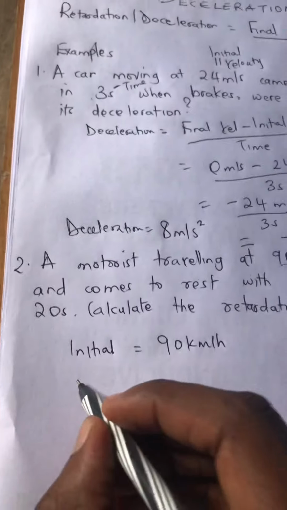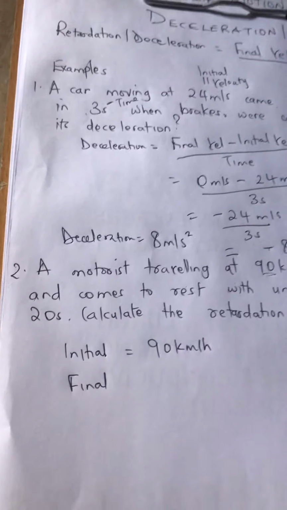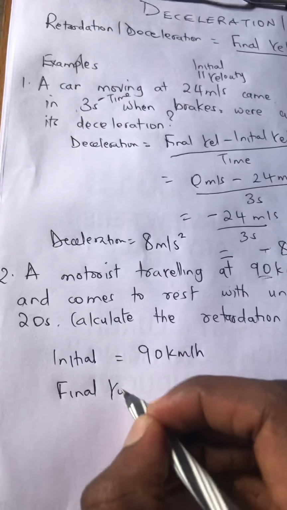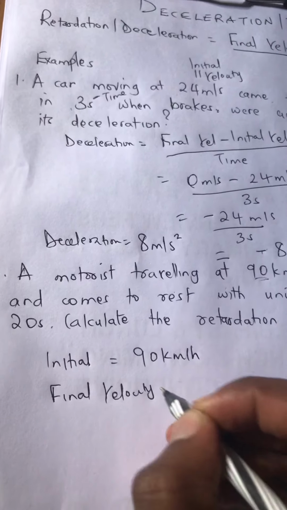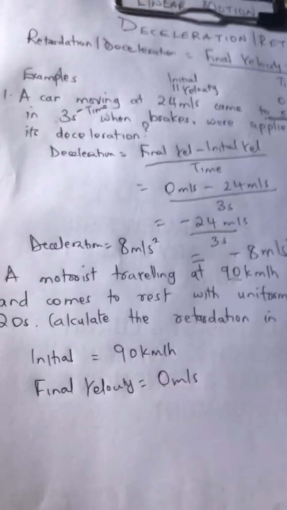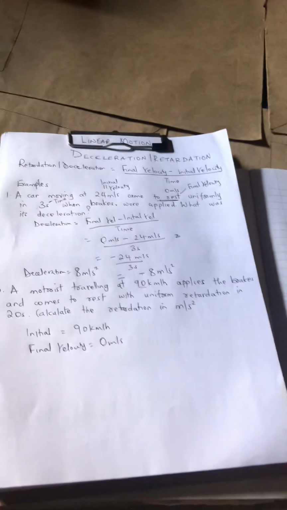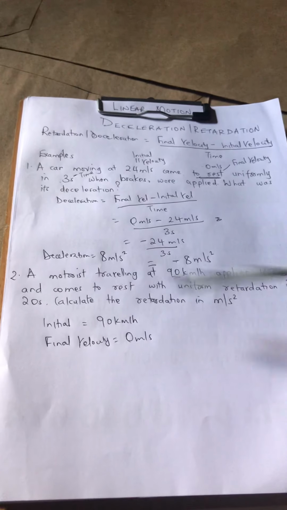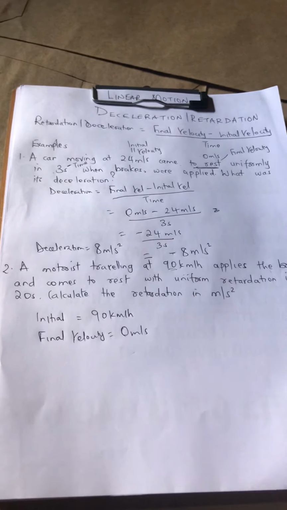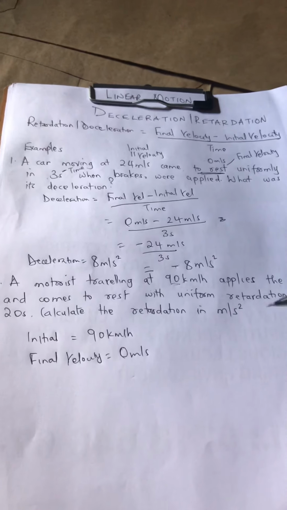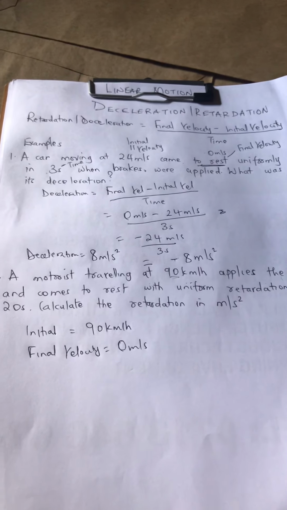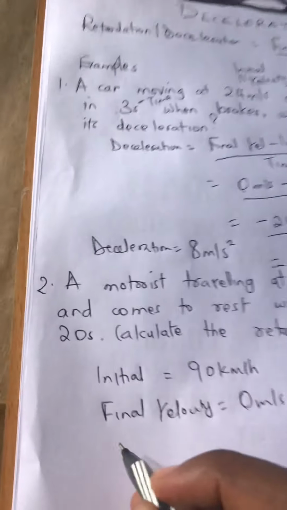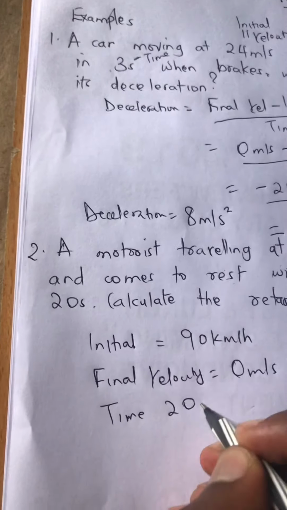Nilikwambia came to rest ni 0 meters per second. So the final velocity is 0 meters per second, because the initial is 90 and the final is rest. Definitely with uniform retardation in 20 seconds. So the time is 20 seconds.